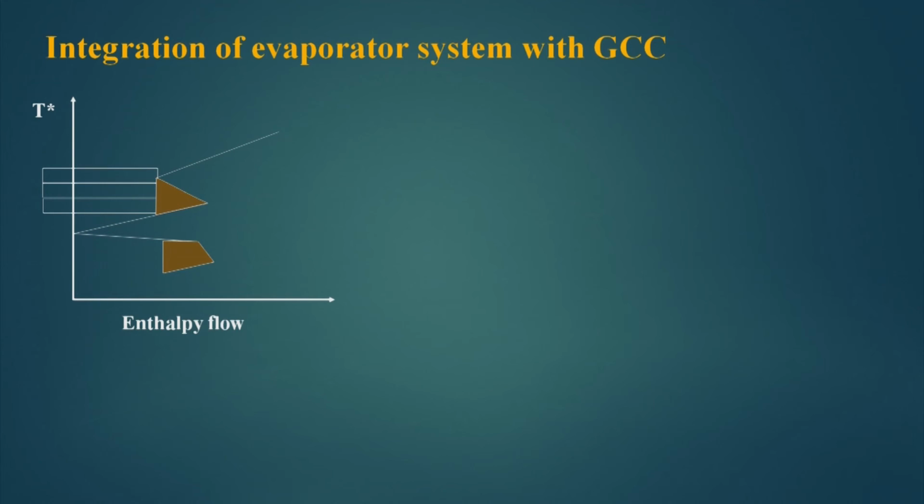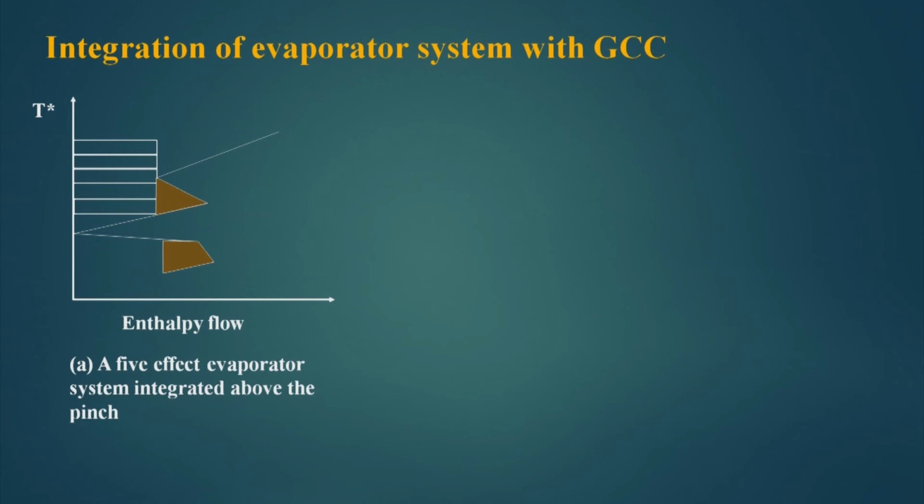Now, the second way of manipulating it is that I can raise it to this level, or I can break this into a smaller multiple effect evaporator system, and then I can fit it like this, a 5 effect evaporator system integrated above the pinch.